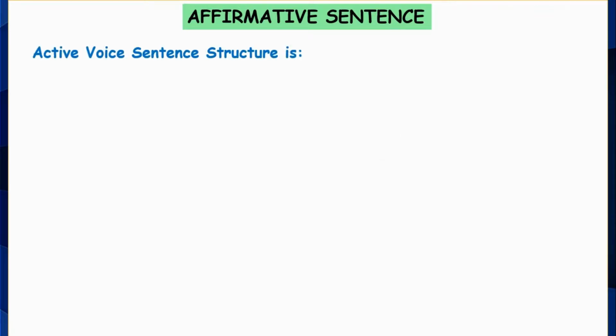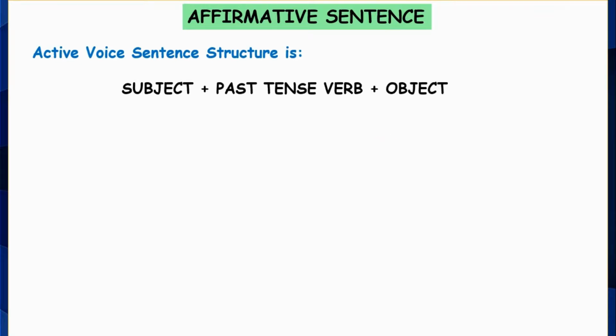Active voice sentence structure in affirmative sentences, that is in simple past tense, is subject plus past tense verb plus object. Okay, so subject plus V2 plus object. That is the sentence structure of affirmative sentence in simple past tense. Look at this example. She wrote a novel.